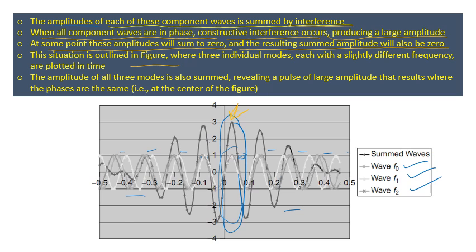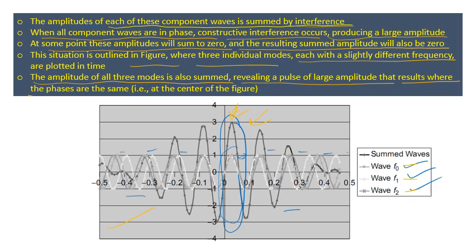The situation is shown here very clearly, as I mentioned. They are using three individual modes, this one, this one, this one, each with a slightly different frequency. Now the amplitude of all these three modes is summed here, revealing a pulse of large amplitude, this one.